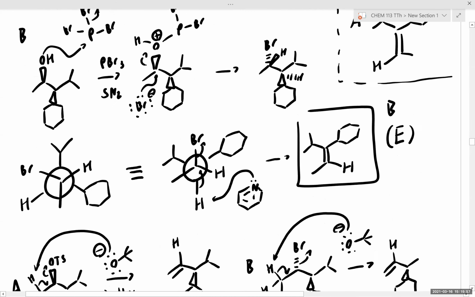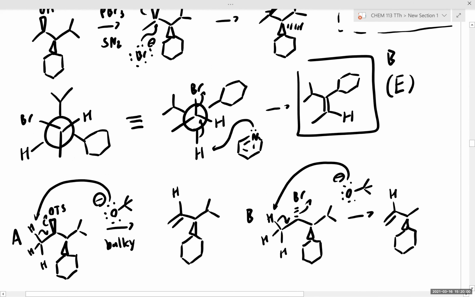Okay, so does everyone understand this example now? Does everyone see how you need to be really careful with E2 reactions in analyzing the stereochemistry of your reactants and your products? Does this example make sense?